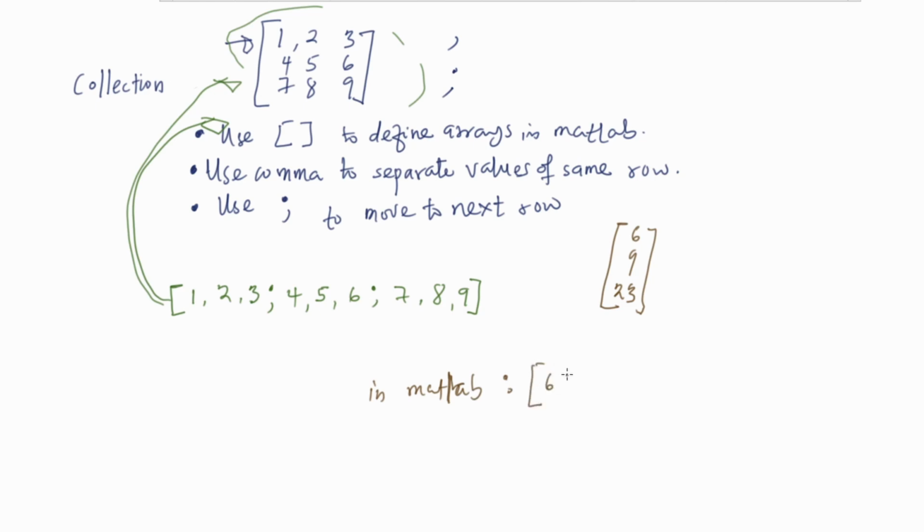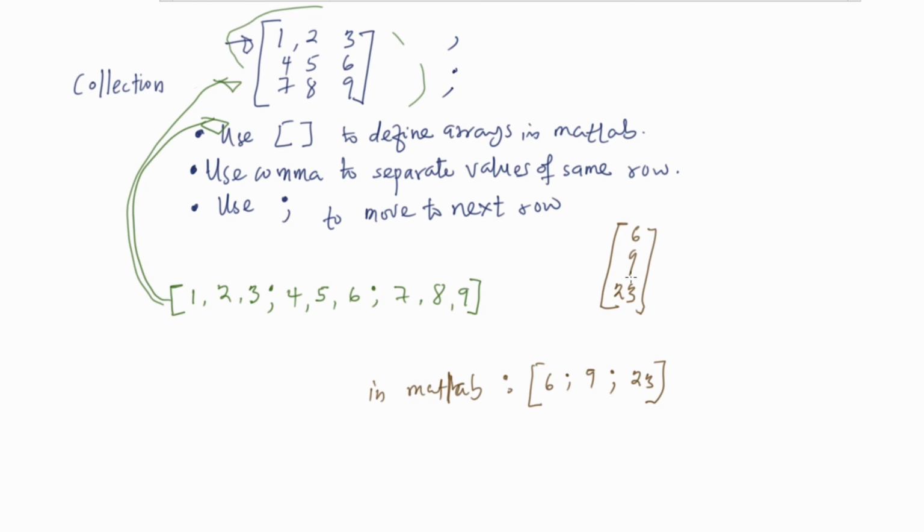I'll write 6, semicolon, 9 to move to the next row, then semicolon, 23 to move to the final row. It's actually very simple if you want to do this. We'll practice this just after, when I put up my MATLAB and input the values so that we see how it works. This one I'm just using to demonstrate how it works first before we move to the editor.